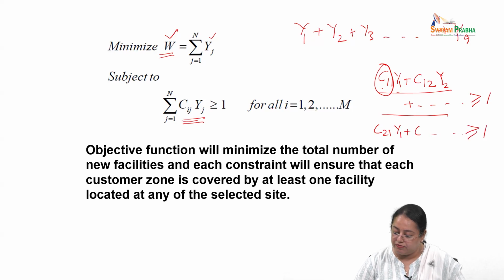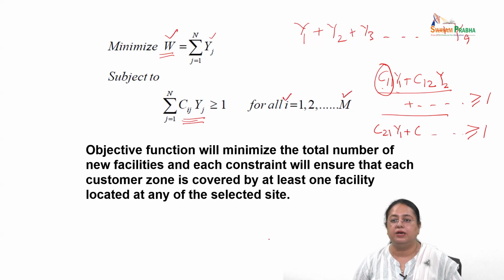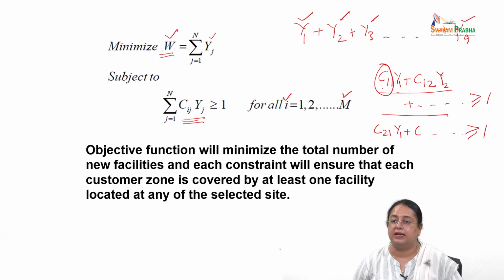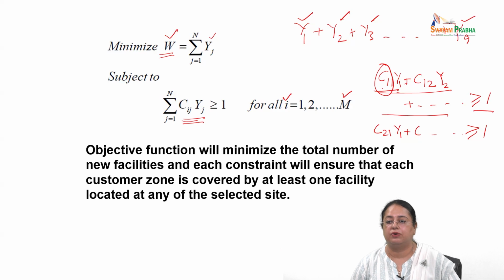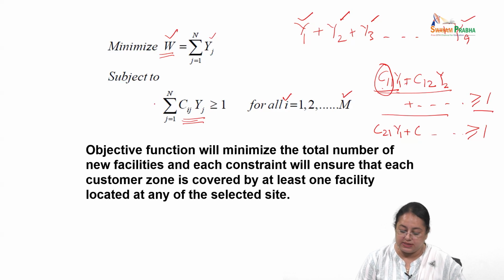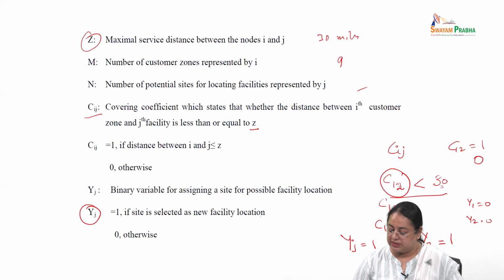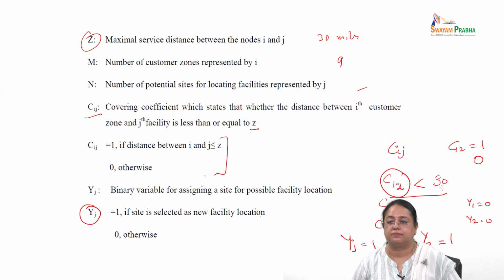We will write it for i from 1 to m, for all. That will help us to know which facility y1, y2, to y9 should be 1 or 0, and multiplied by this, should be greater than or equal to 1. It will take care of which facility is less than 30. This should be satisfied.